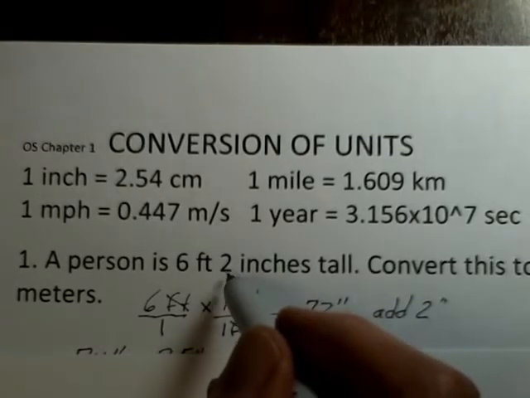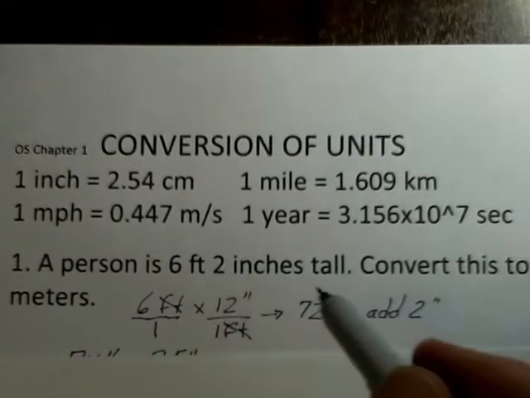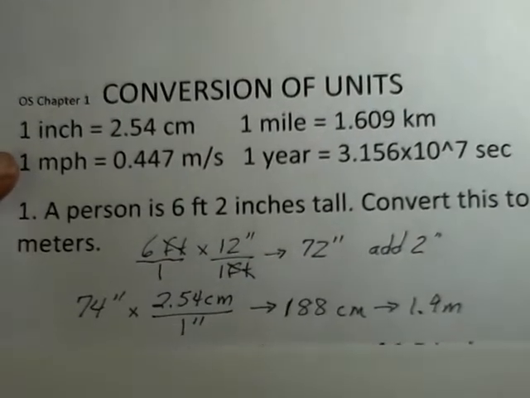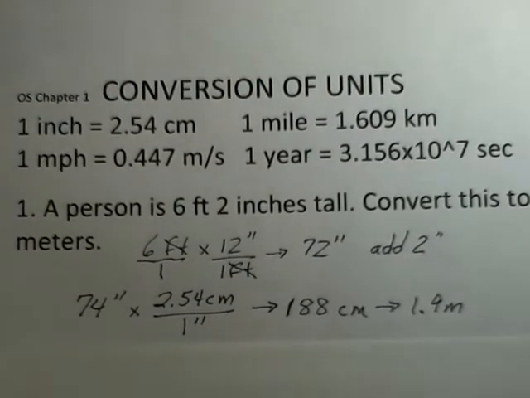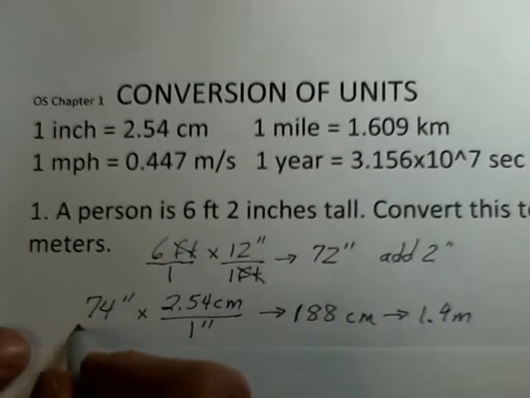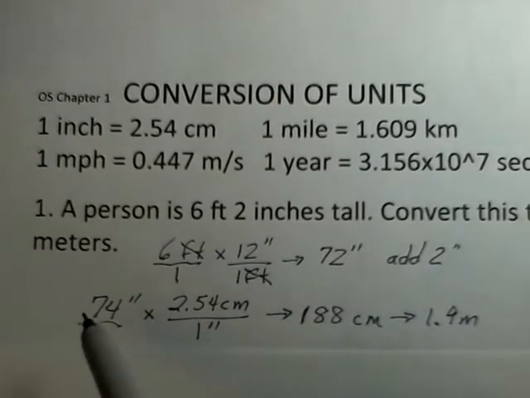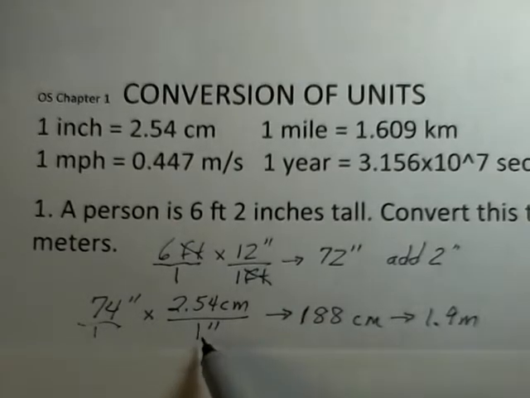This person was beyond 6 feet by 2 inches, so we add 2 inches. So now we have 74 inches to work with, and we again bring in a conversion factor. Again, 74 inches divided by 1. Now we see this is numerator, denominator, the inches units cancel, and you get some extra digits here.